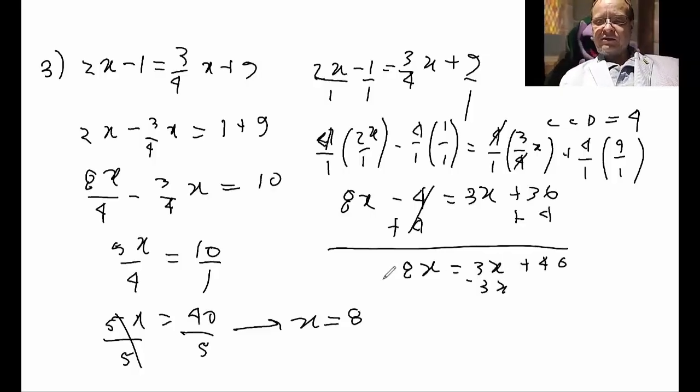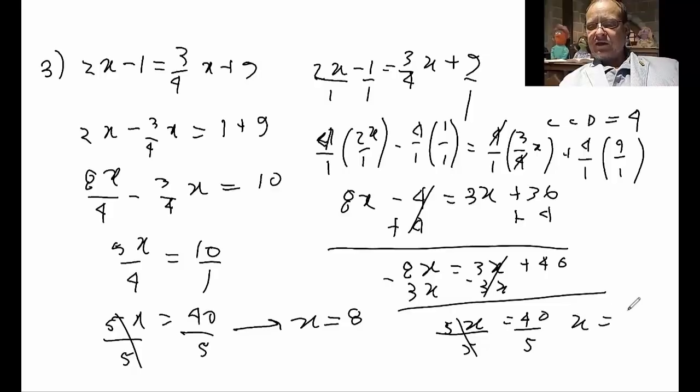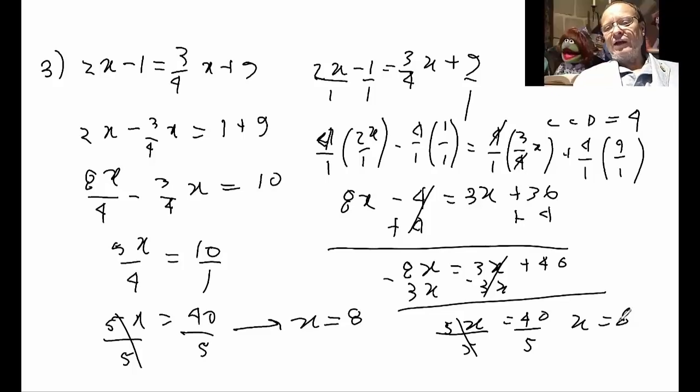Minus 3x, minus 3x. And here I get 5x is equal to 40. And then I divide by 5, and I get, as before, x is equal to 8. So by using this clearing the denominator, I can simplify and get rid of all the fraction nastiness and make it into a simple algebraic problem.